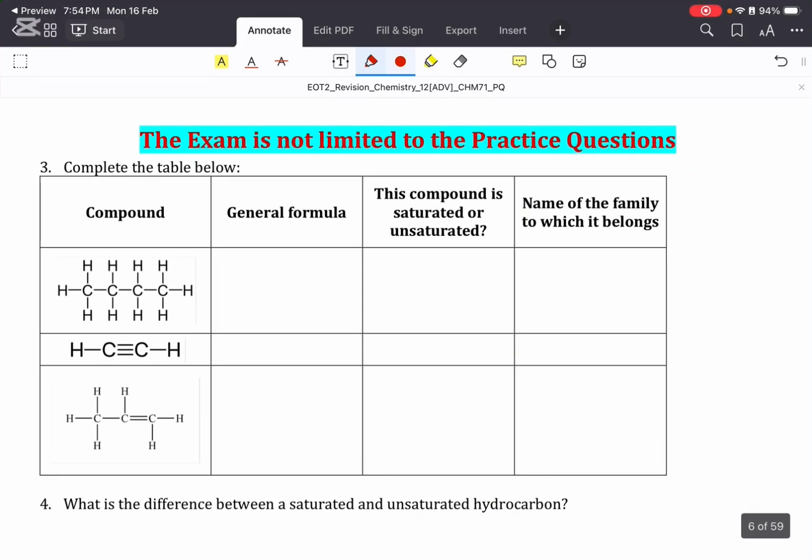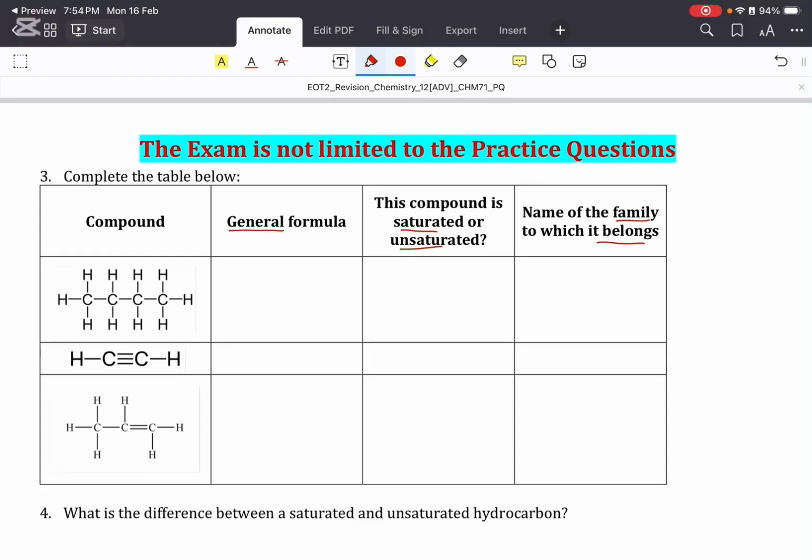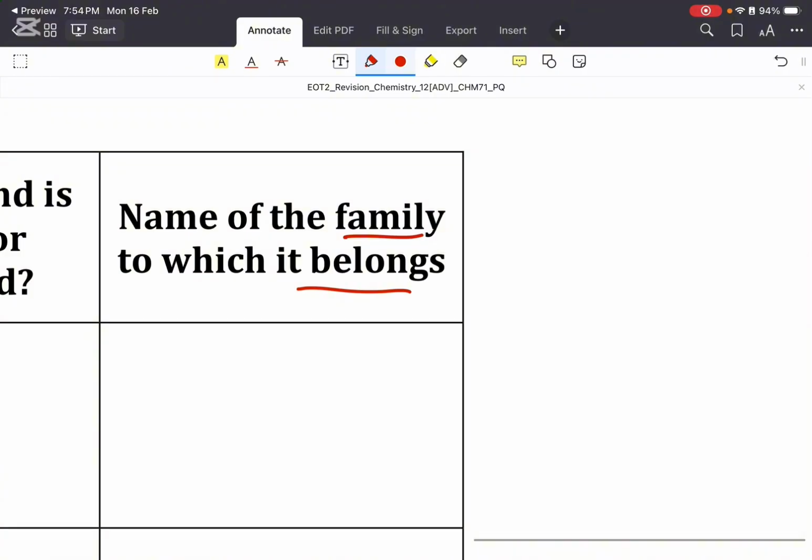Now in this table, they are differentiated between a general formula, whether the compound is saturated, unsaturated, and then to which family it belongs. Now, since we are studying hydrocarbons, I have the family of alkanes, alkenes, and alkynes.